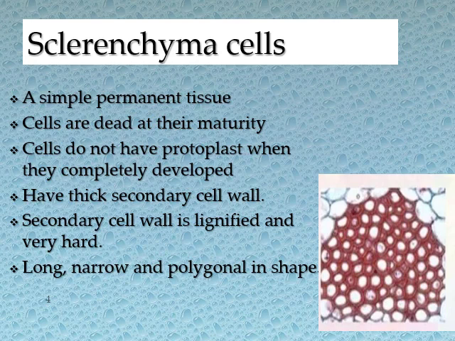They are polygonal in shape, with a thick material deposited along the inner wall of the cell due to lignin and pectin compounds. So their cavity becomes very small, and they have no intercellular air spaces.